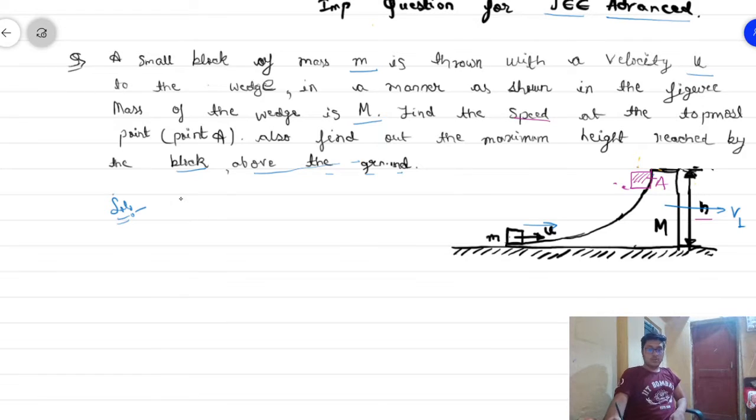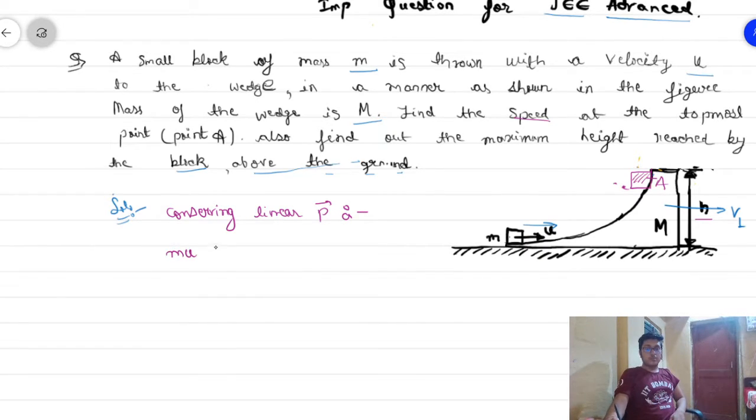Starting from the conservation of momentum, conserving linear momentum.